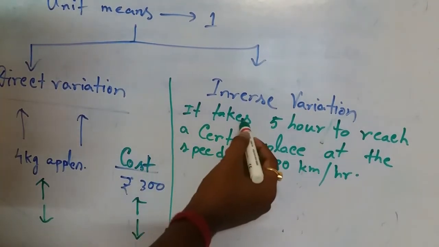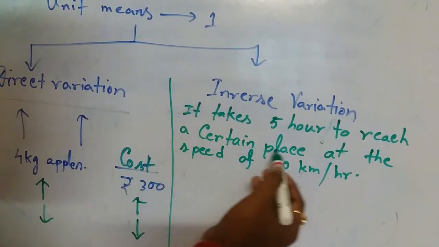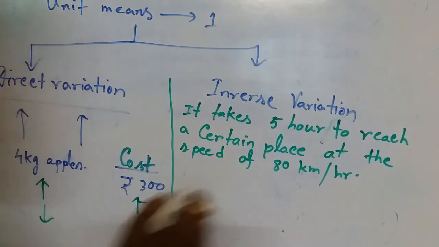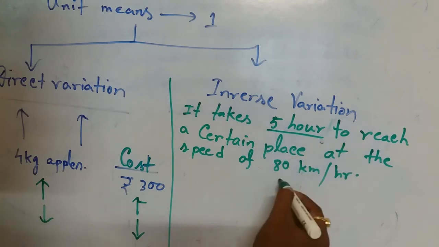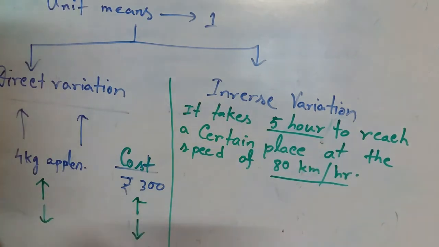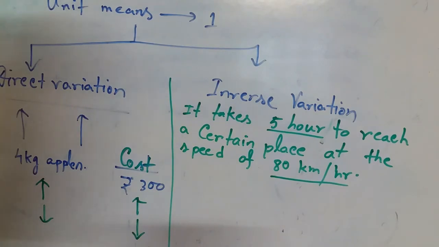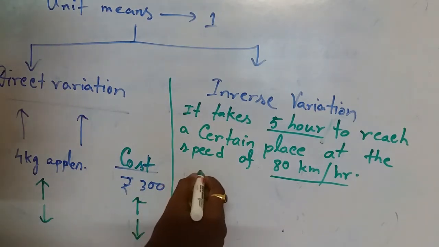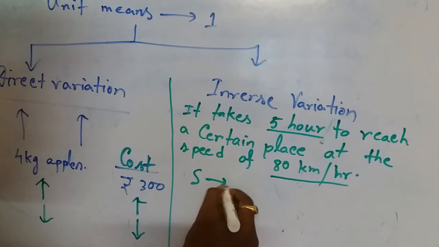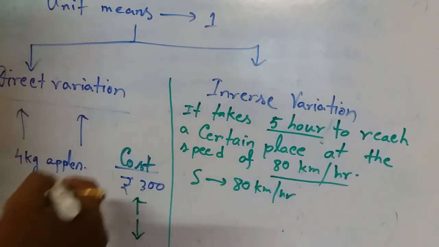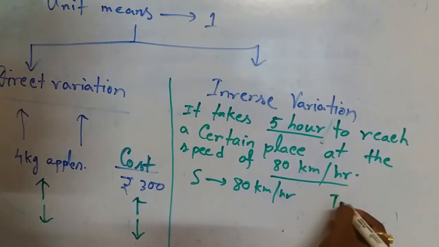It takes 5 hours to reach a certain place at the speed of 80 km per hour. Here we have time and speed. Speed is 80 km per hour and time taken is 5 hours.